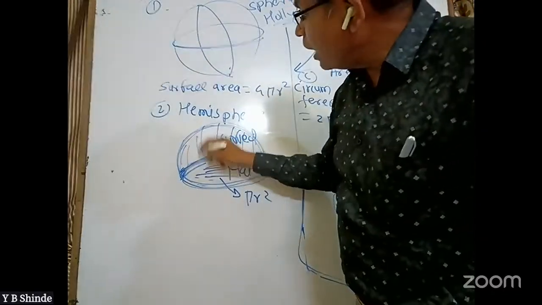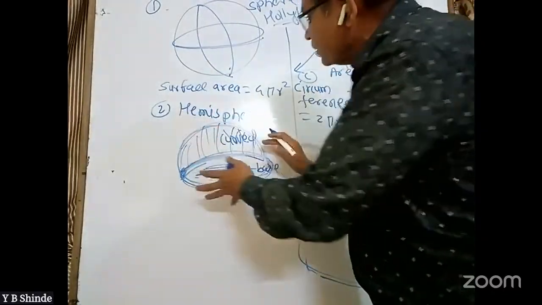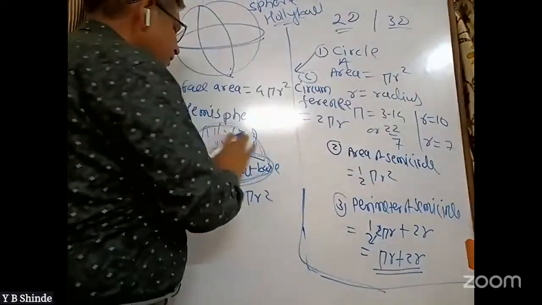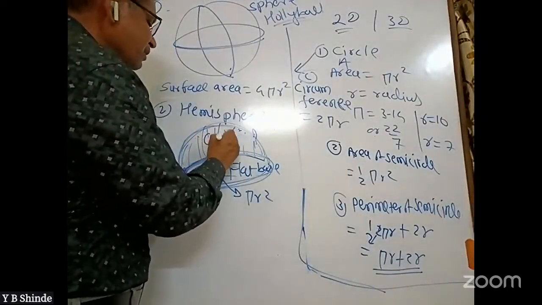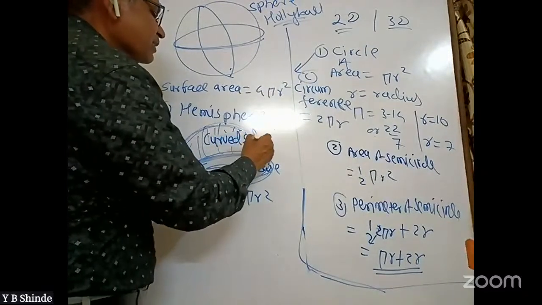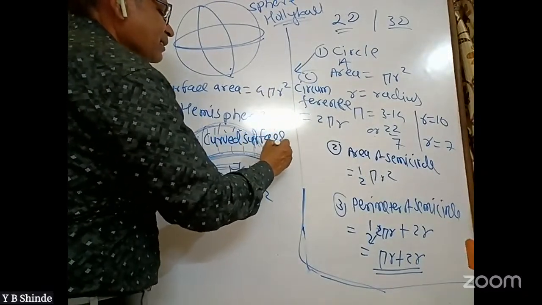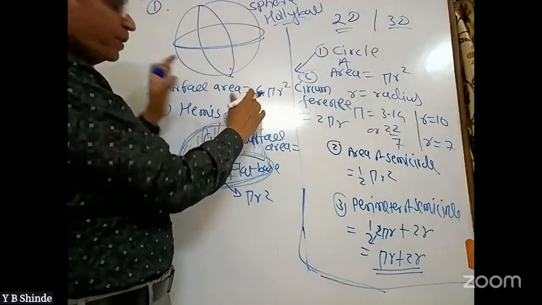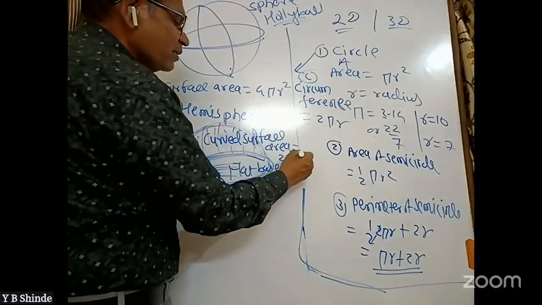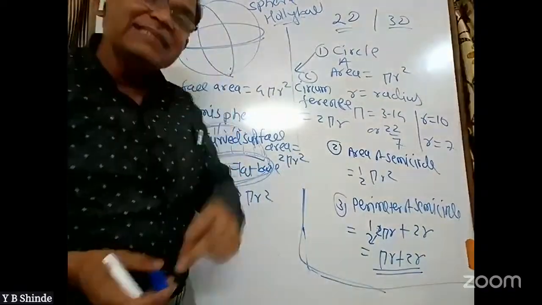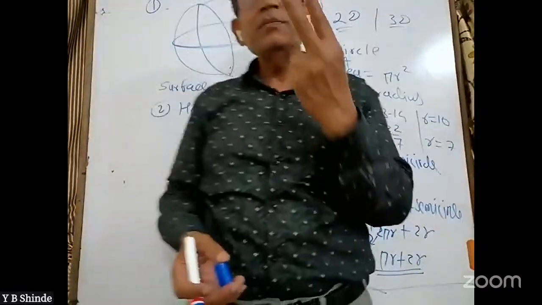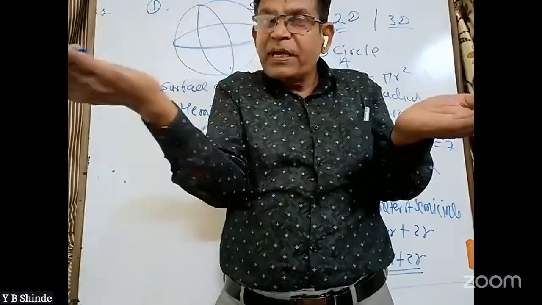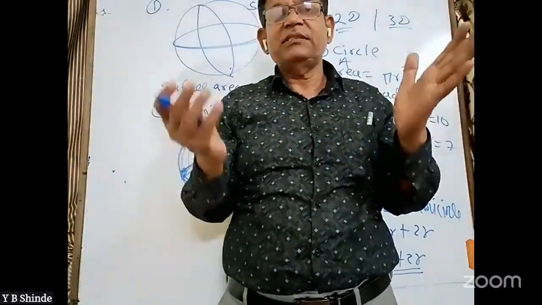Now, the uppermost portion is called curved surface area, and this surface area is half of the area of sphere, and that is 2 pi r square. So how many faces does a hemisphere have? Hemisphere has two faces. One is curved and the base face is a flat surface.